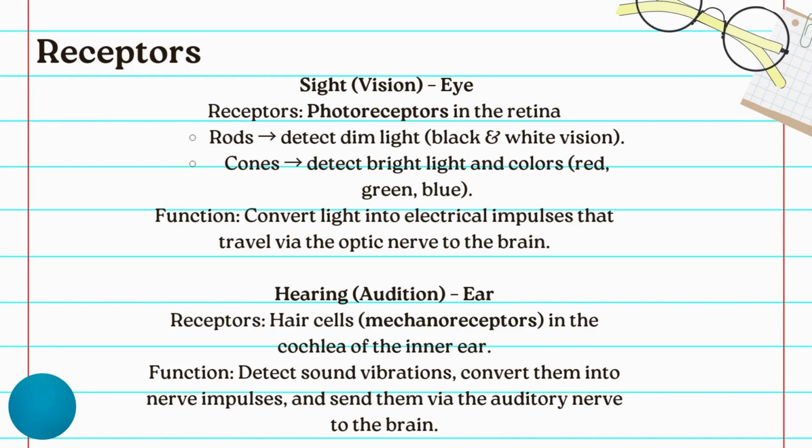Then we have hearing, and inside your ears there are mechanical receptors. There are hair-like cells in your ear, and they pick up vibrations, and they convert those vibrations to an electric impulse, which is carried by your auditory nerves to your brain.